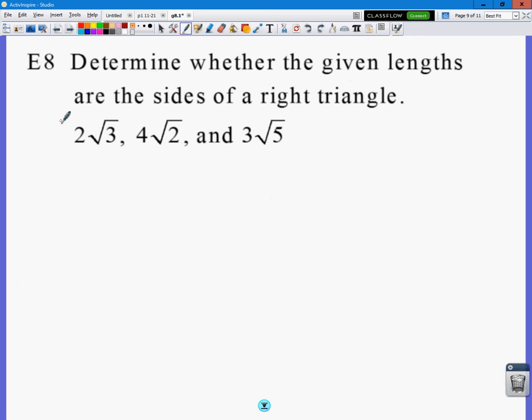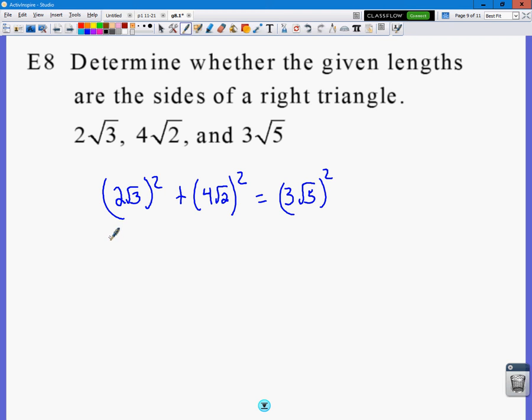Could this be a triple? No, can't be a triple because they're not whole numbers. We are going to see if it satisfies a squared plus b squared equals c squared. 2 square roots of 3 squared plus 4 square roots of 2 squared, and we're going to see if it's equal to 3 square roots of 5 squared.